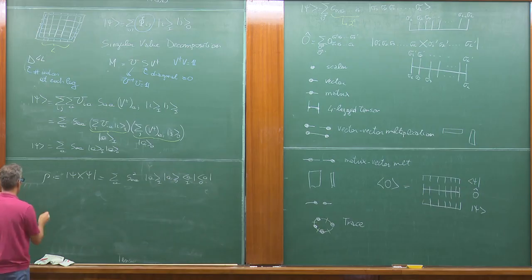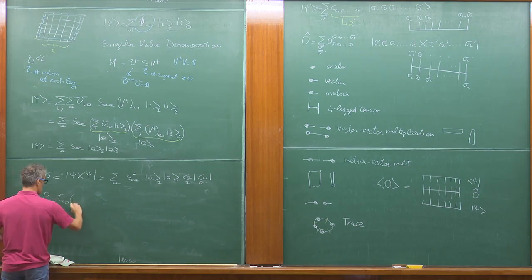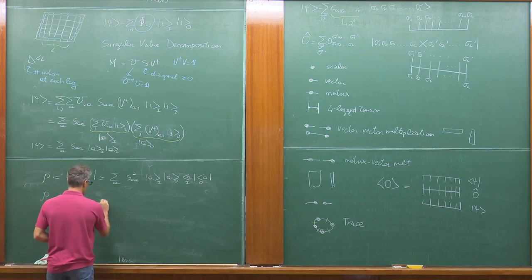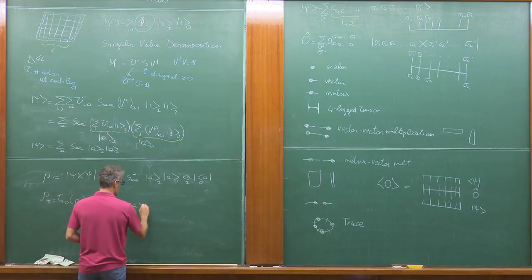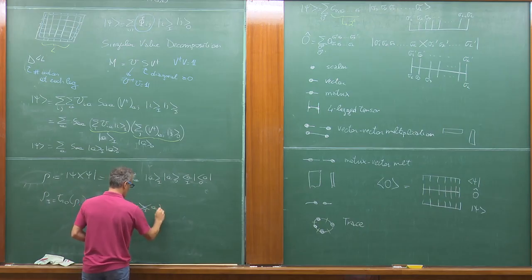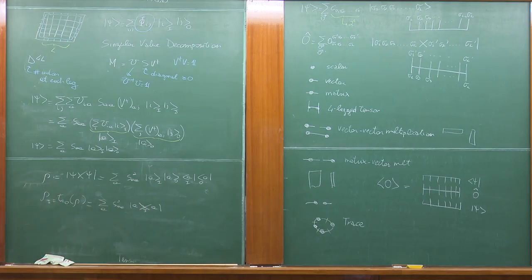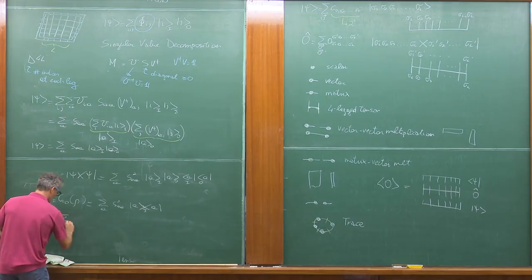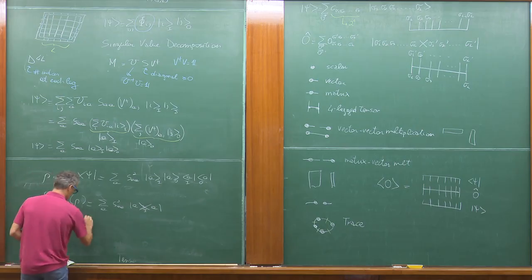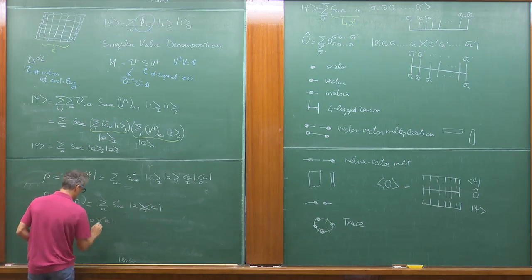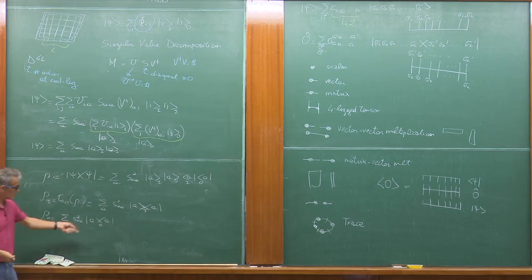Okay, and now you can trace out, for example, the outside. So rho inside, which is the trace over the outside of rho, is simply the sum over a of S_a squared |a><a|. Good. So that is the reduced density matrix of just the inside, and the reduced density matrix of the outside is also straightforward, with S_a squared, |a> outside, given by these indices.